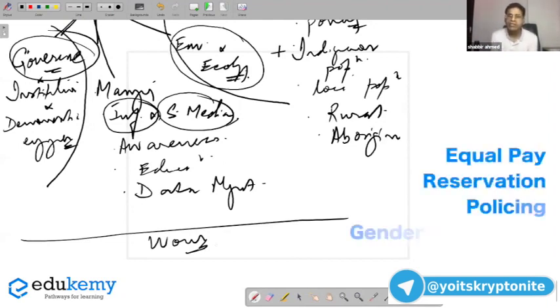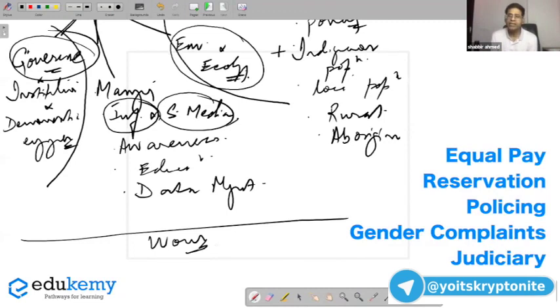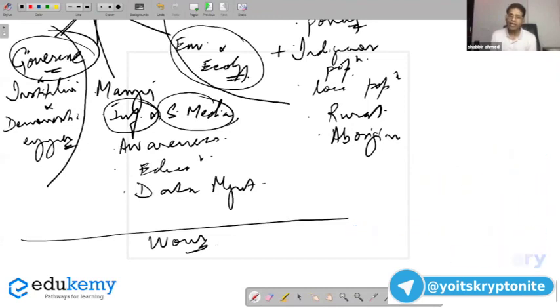Equal wages, reservation, policing, okay. Yes, gender complaints, ठीक है? Reservation, judiciary, absolutely correct.